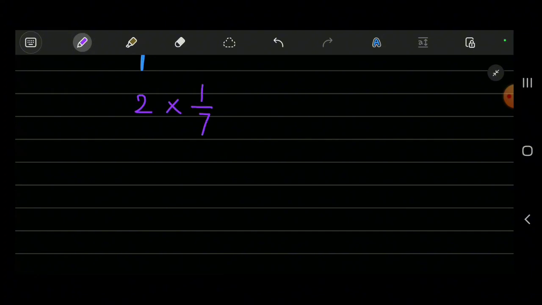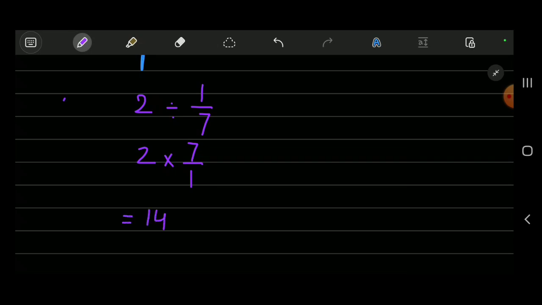So if you have to divide a number like this, then what do we do? 2 multiplied by 7 over 1, because you just take the reciprocal of the second fraction and division changes to multiplication, and this will give you 14.